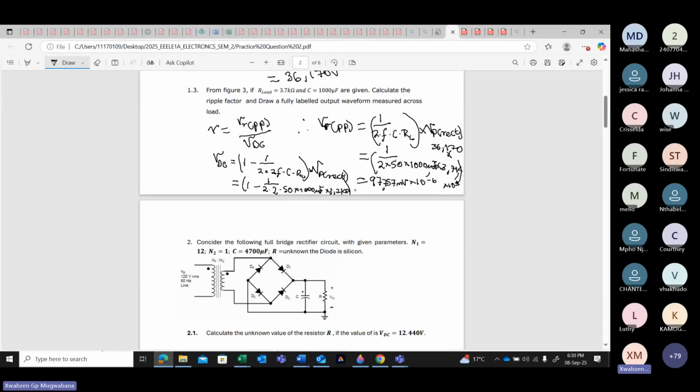All of these multiplied by your V peak rectifier, which is 36,170.